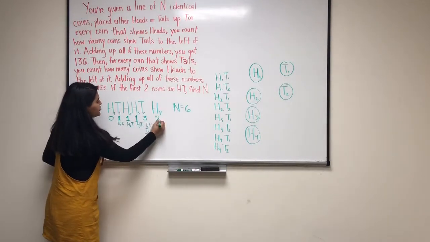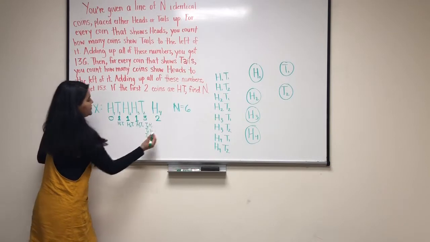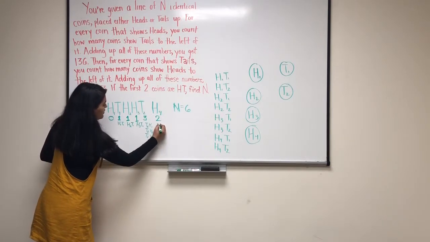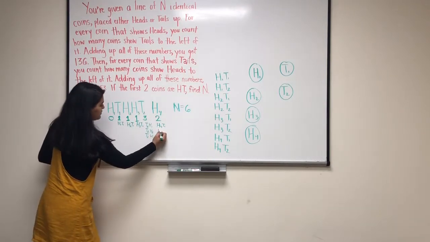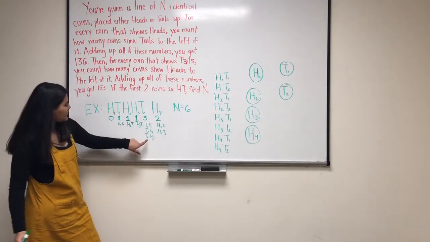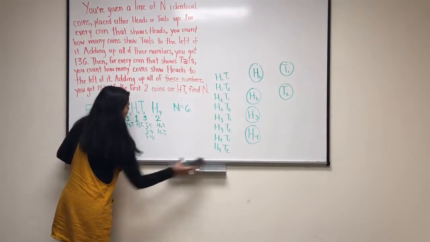So it has a score of 2, and it gets one of those from T1, so H4, T1, and H4, T2. Actually, I just realized I wrote the tails here first. Just to be consistent, I'm going to switch up the order.